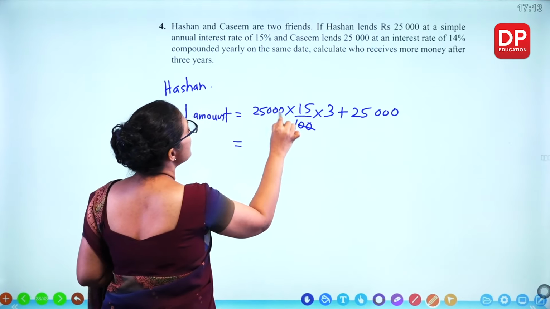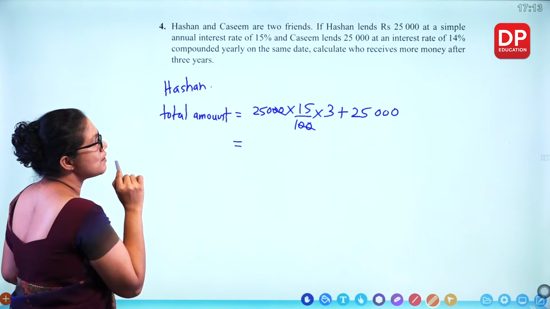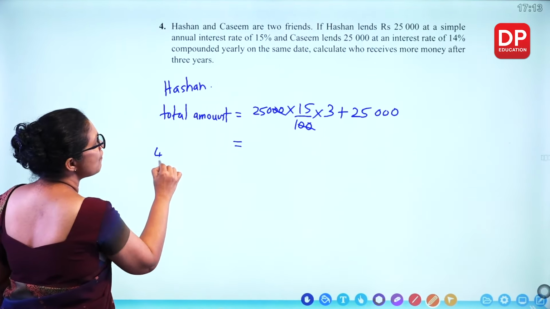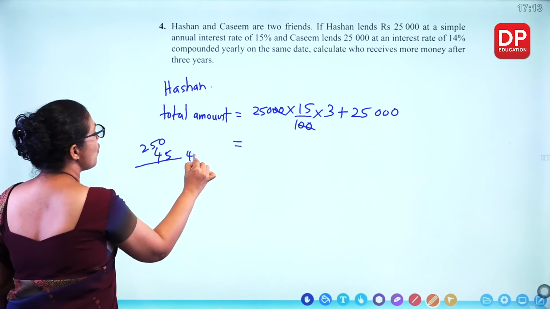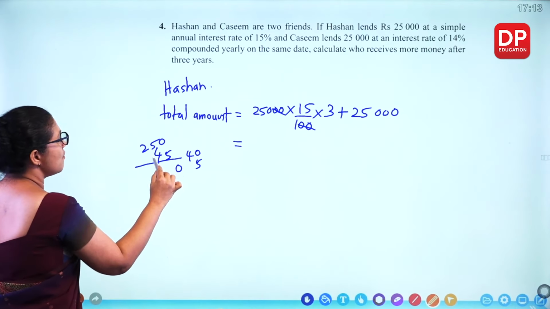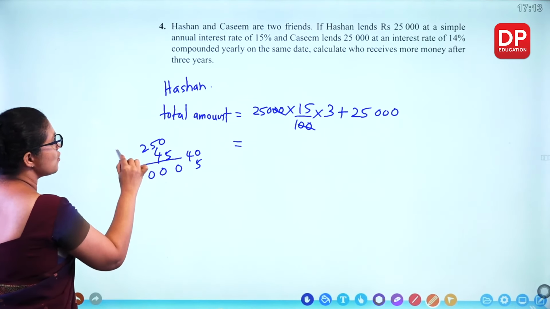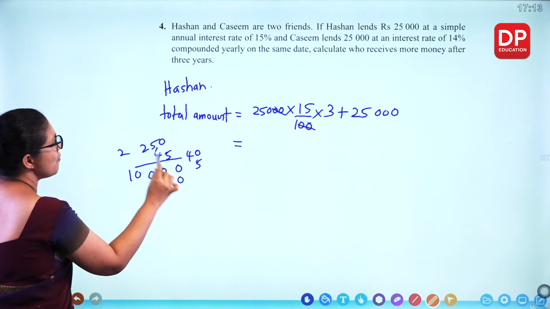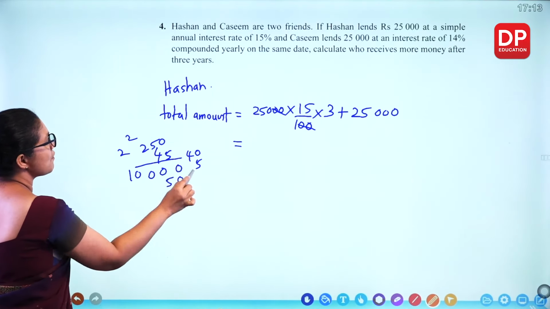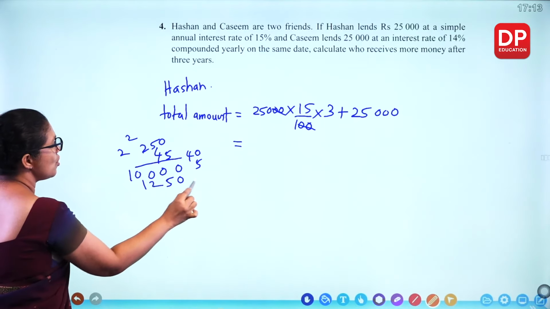So 2 zeros, 3 times 15, 45. So 45 multiplied by 250. So 40 and 5, 4 times 0, 4 times 5, 20, 4 times 2, 8 plus 2, 10. 5 times 0, 5 times 5, 25, 5 times 2, 10 plus 2, 12.